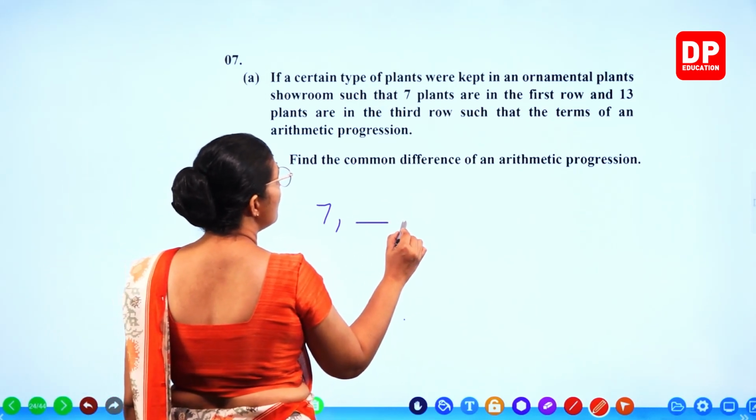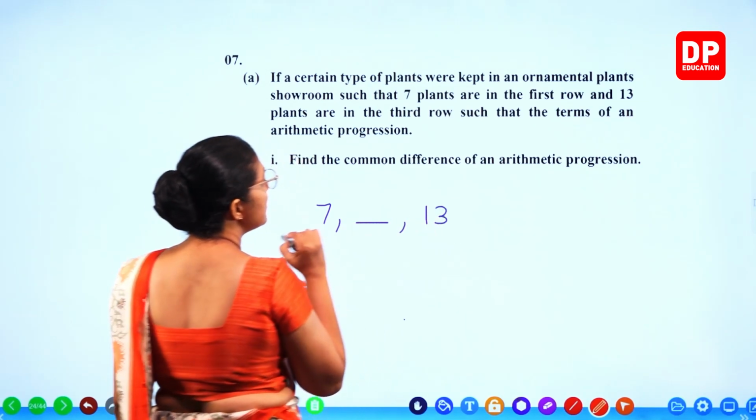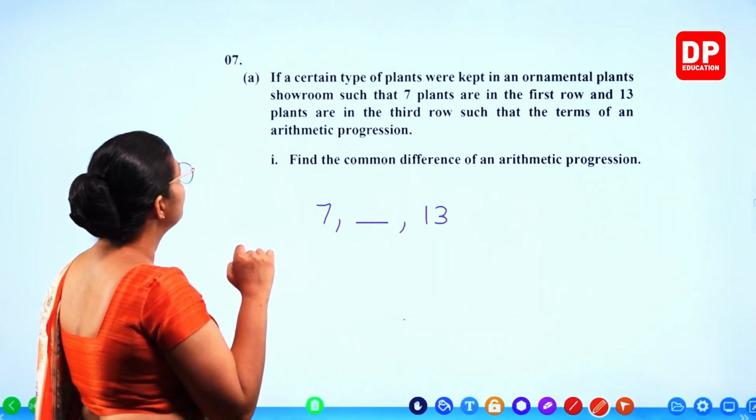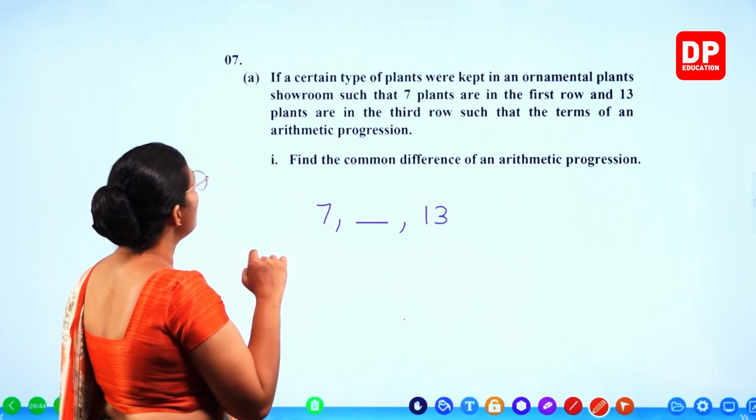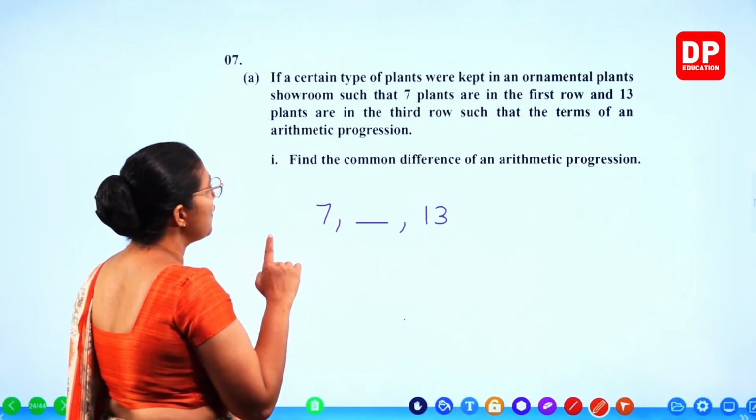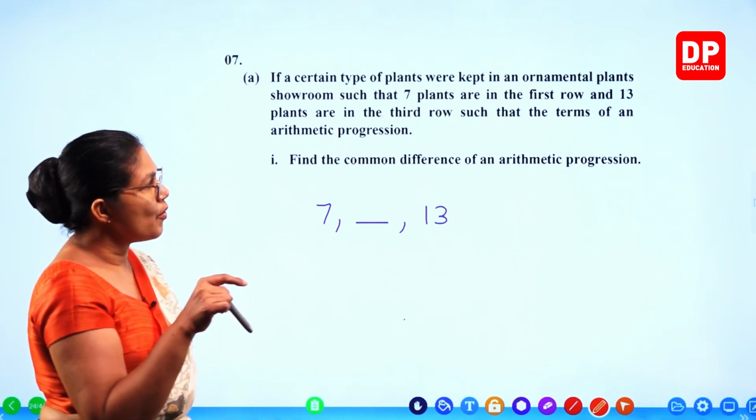So we don't know the second one. They form the terms of an arithmetic progression. Find the common difference of the arithmetic progression.